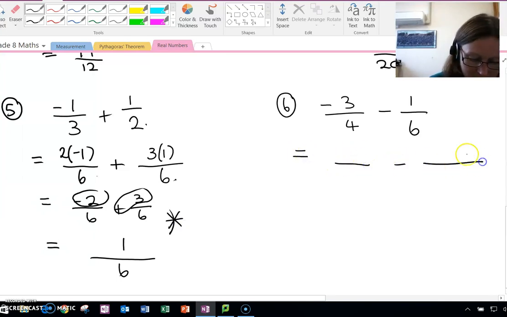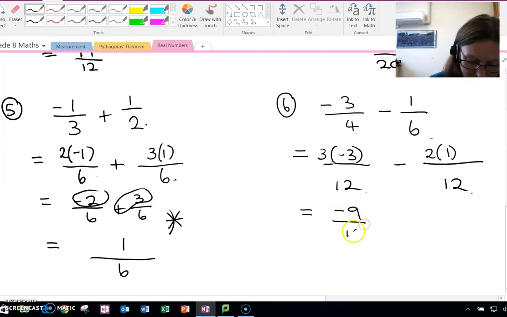Our common denominator here is going to be 12. What do I do to 4 to get to 12? I times by 3. That's the number I started with on the top, I times that by 3. 6 times 2 gives me 12, so I also must multiply the 1 by 2. Multiplying out the brackets, negative 9 on 12, subtract 2 over 12.